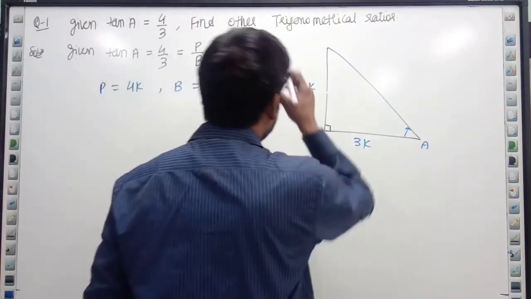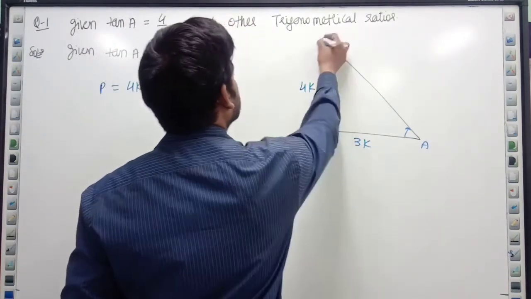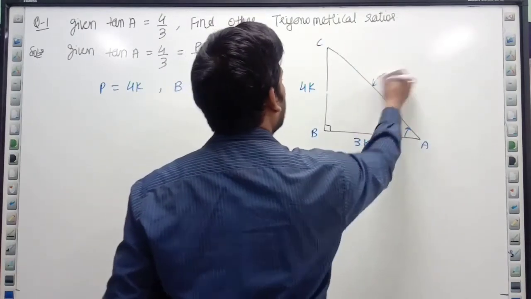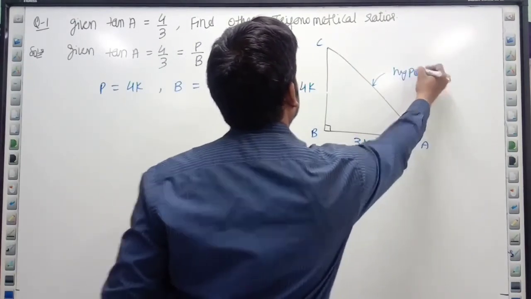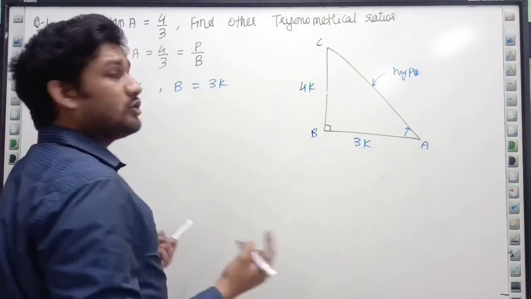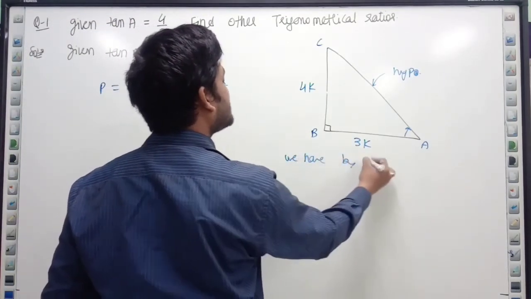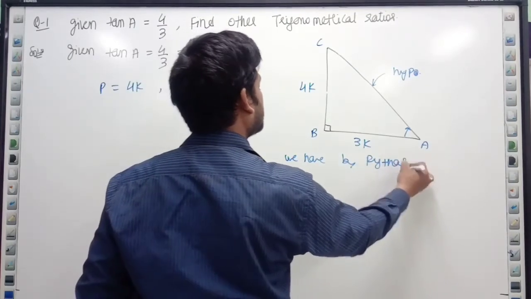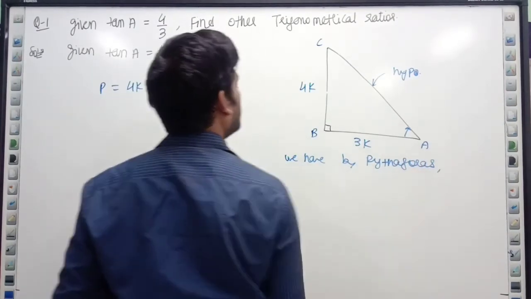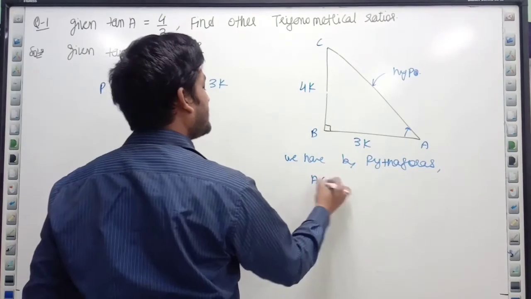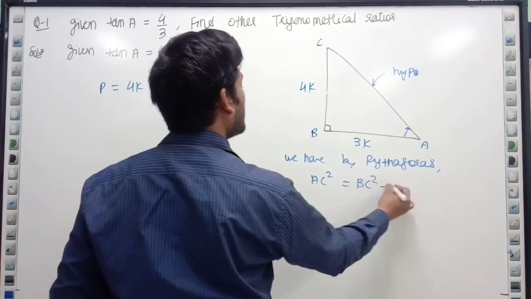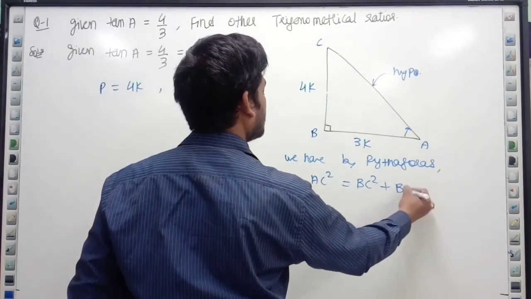If I write this as B and C, AC is what? Hypotenuse. So what do we know? Do we know the Pythagoras theorem? Yes, by Pythagoras theorem, hypotenuse square is equal to perpendicular square plus base square.